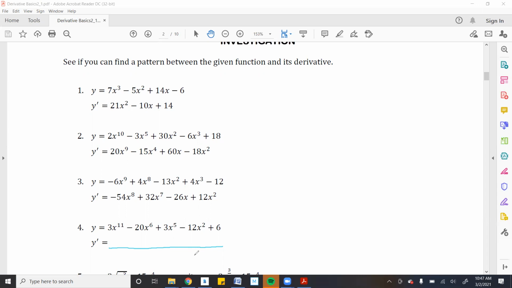So if you need more time, pause. But I'm going to tell you what should go here. The derivative should be 33x to the 10th minus 120x to the 5th plus 15x to the 4th minus 24x.